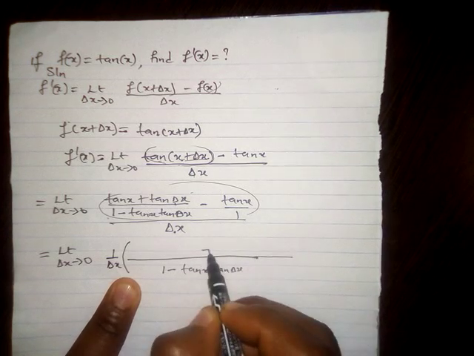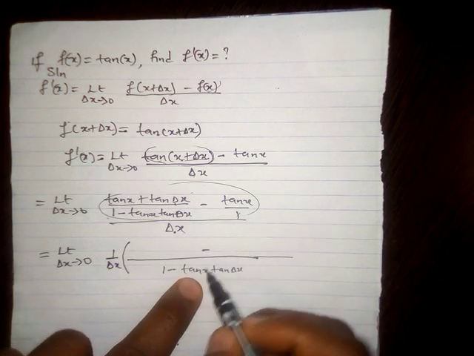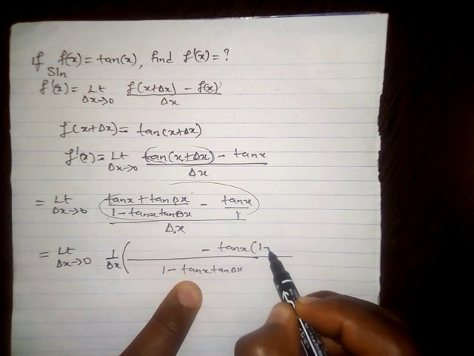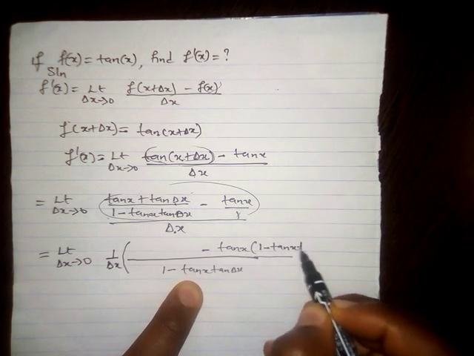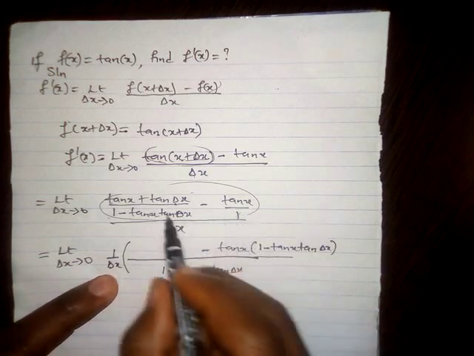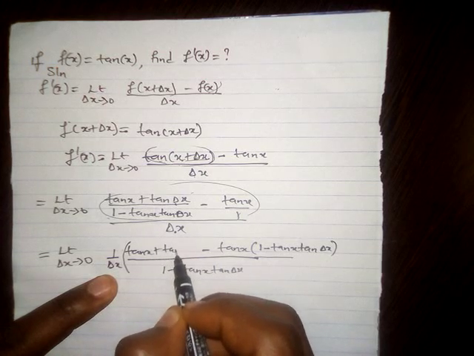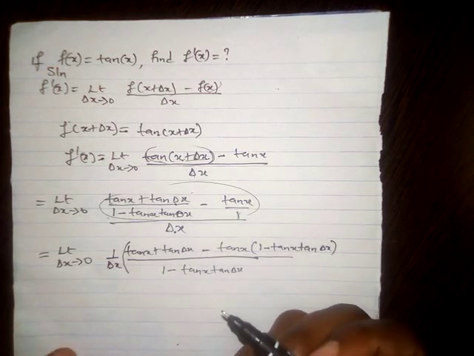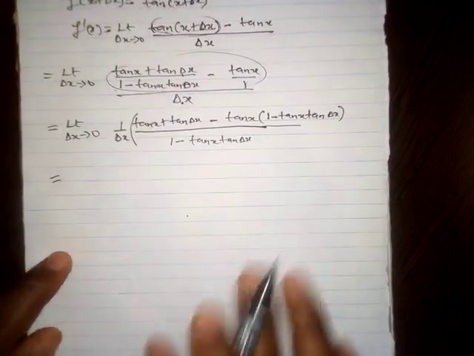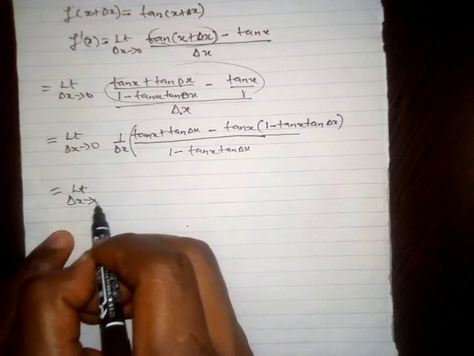So this will give us 1 into this is this, so this times this will give us tan x multiplied by 1 minus tan x tan change in x. Okay, now this cancels, this is 1 times this will still give us tan x plus tan change in x. So this is equal to the limit as change in x approaches 0.